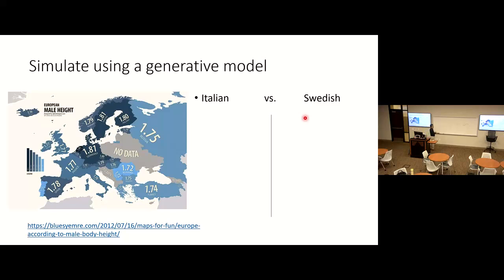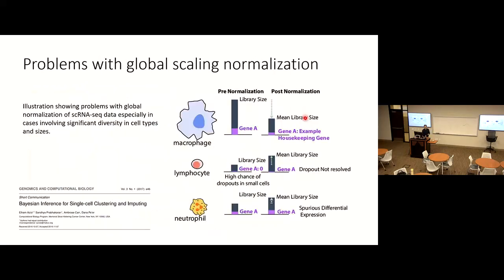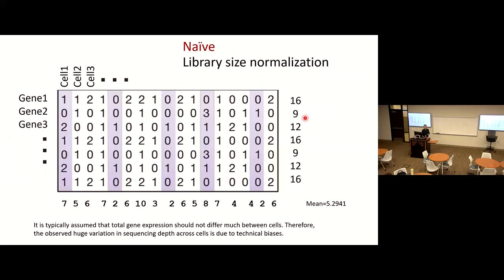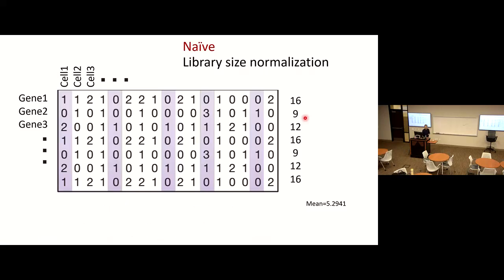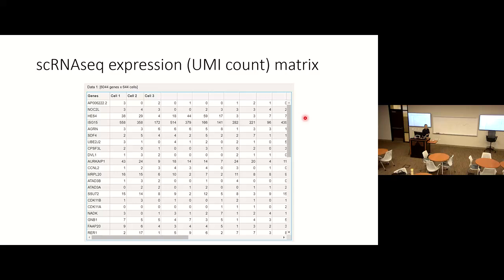In our case, we will simulate a gene's expression across cells. So you need to have some idea about what this looks like. If you want to simulate real data, you need to have some idea about ISG15, what its average is.